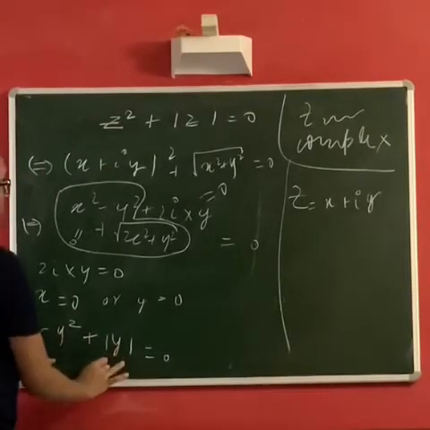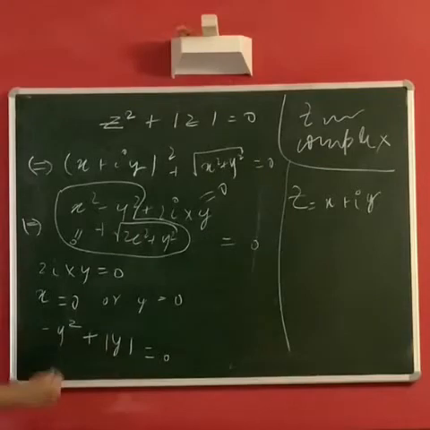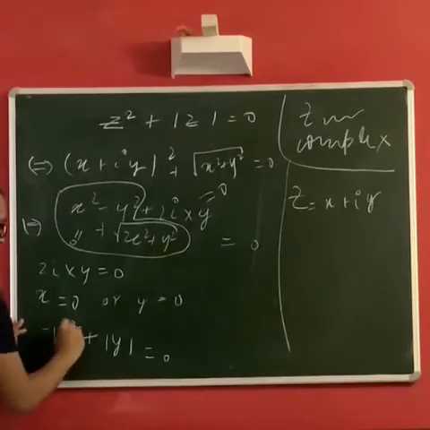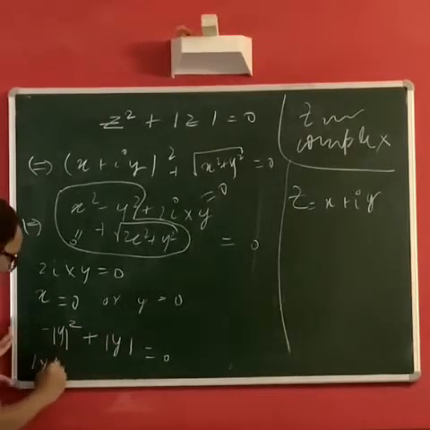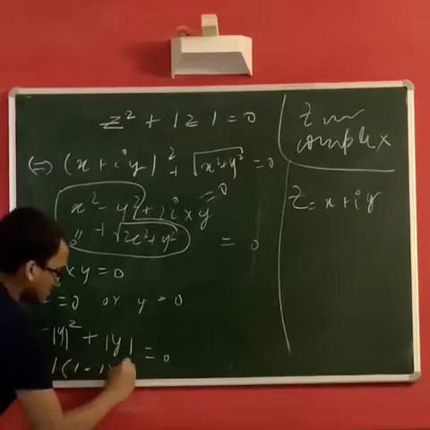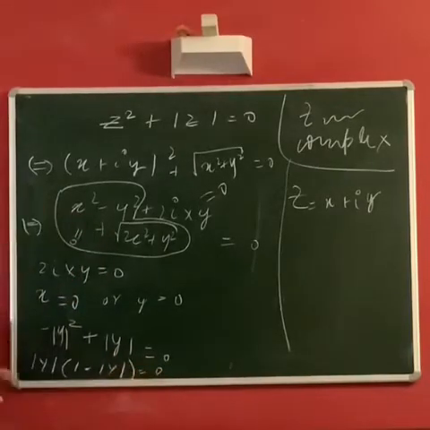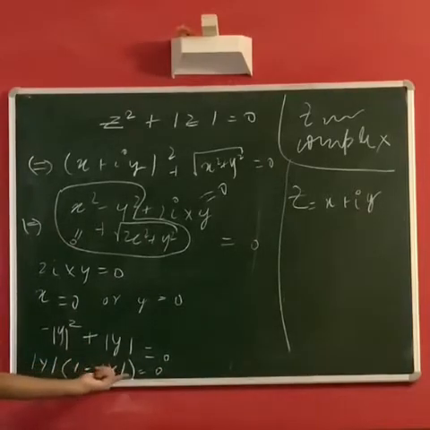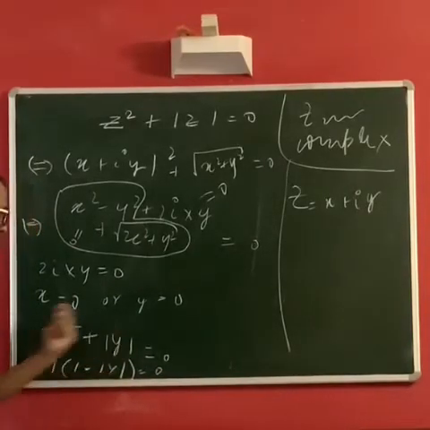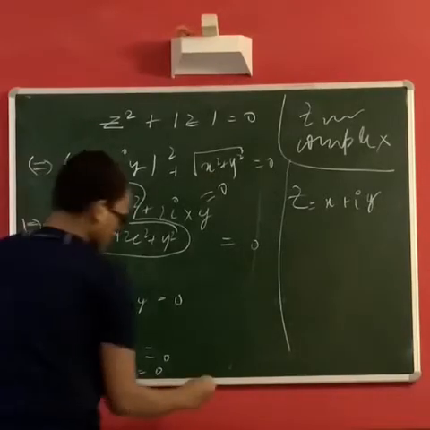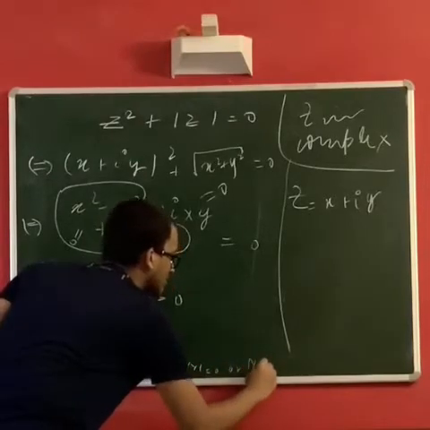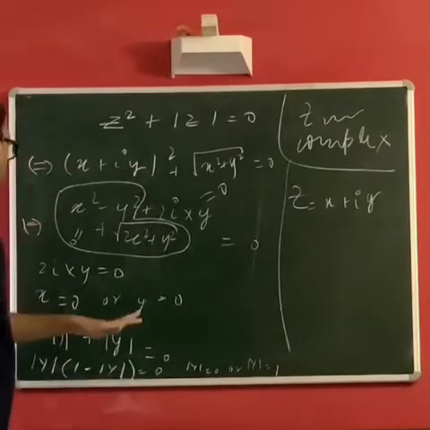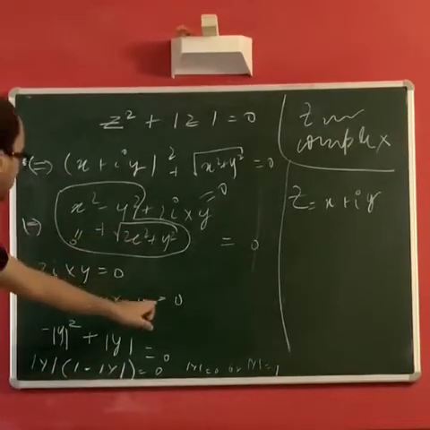In this case, we are solving for y real, and now you can do a small trick by saying that y square is nothing but mod y the whole square, and so this is just a quadratic in mod y, which you can easily factorize as mod y into (1 minus mod y) equal to 0. So either mod y is 0 or mod y is equal to 1.